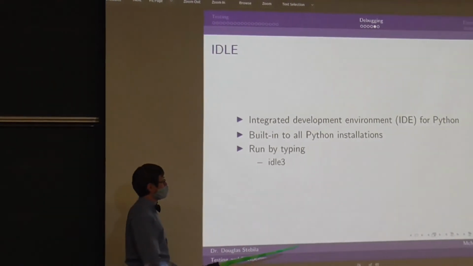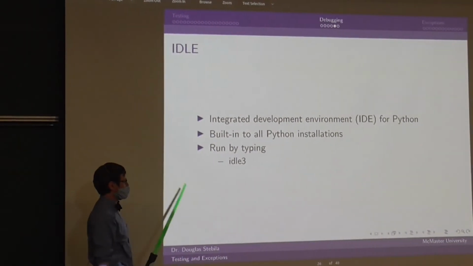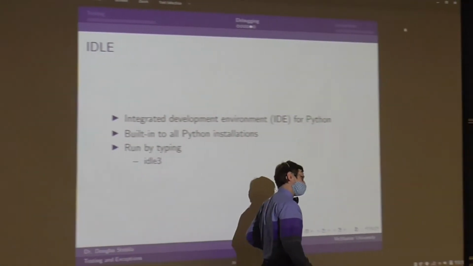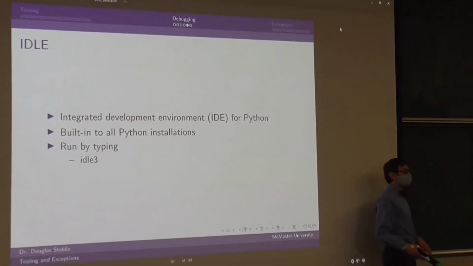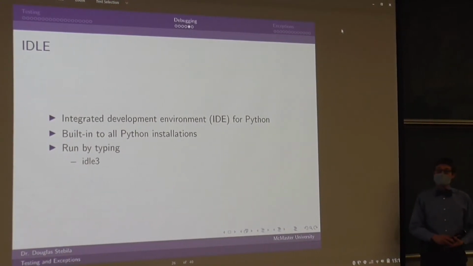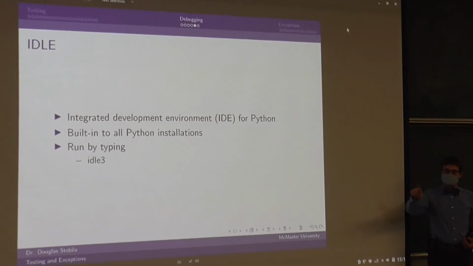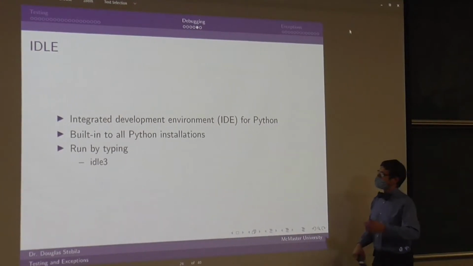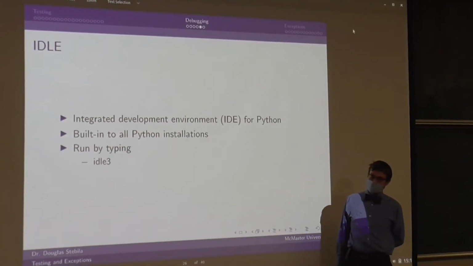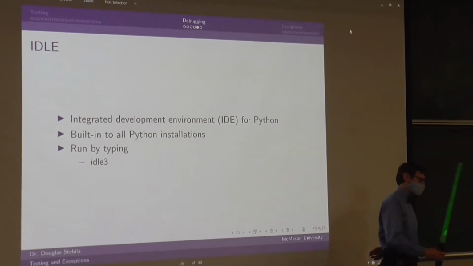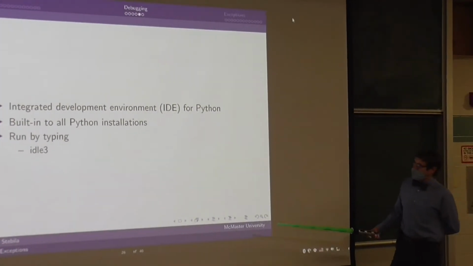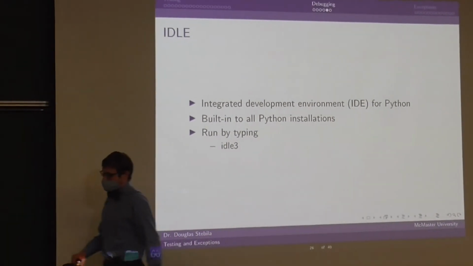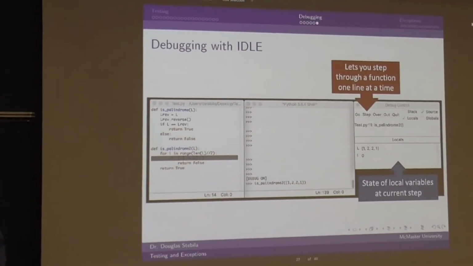So in Python, you have IDLE. For Anaconda users, if you search up IDLE, or if you open up the Anaconda launch pad, you'll probably have IDLE in there somewhere. But it's built into all Python installations, so you have it, you just have to find out where it is and how to use it. The debugger is integrated into IDLE.